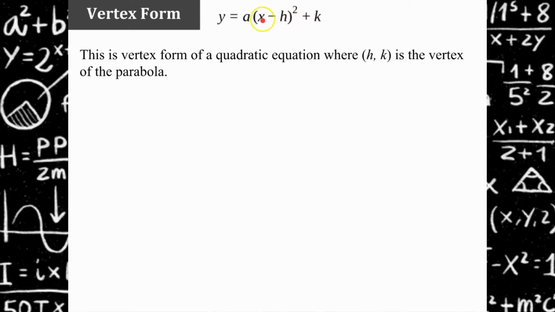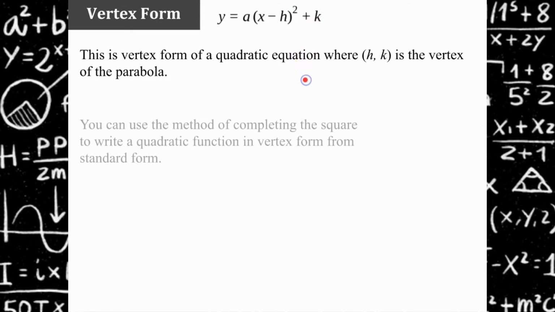So the formula is x subtract the x coordinate. This subtraction right here does not make h negative. h is positive in this instance. Whereas with the y coordinate of your vertex, k, this addition symbol makes it positive. If this were subtract k, then k, the y coordinate, would be negative.